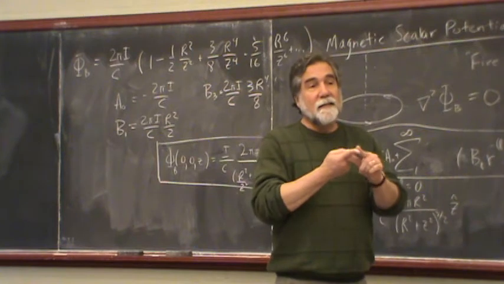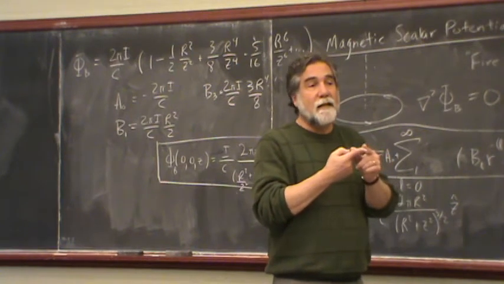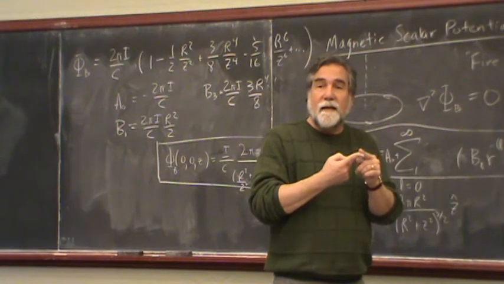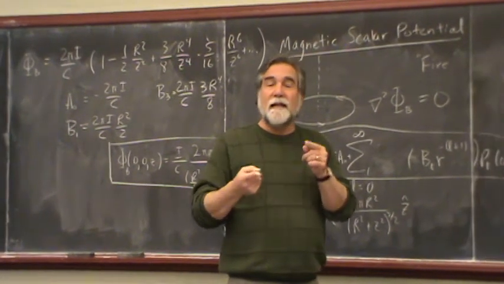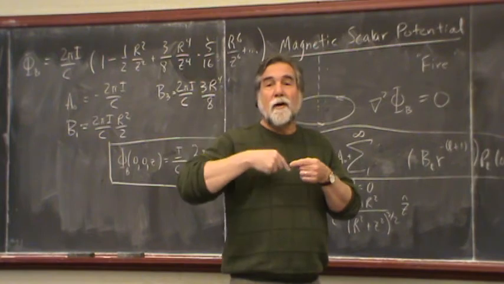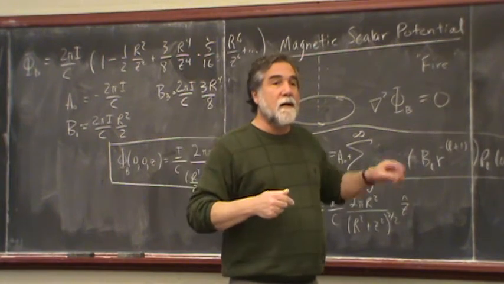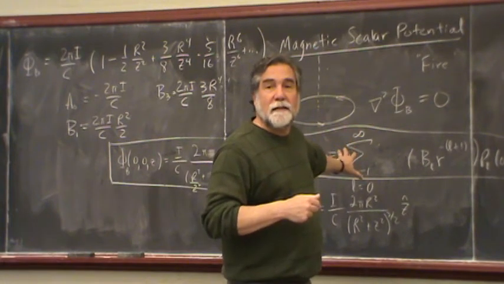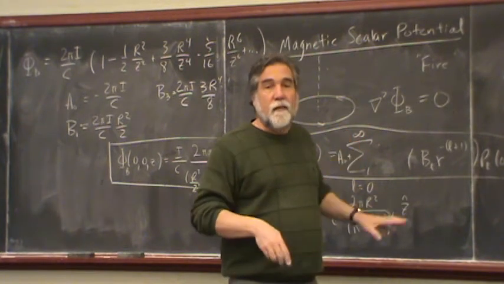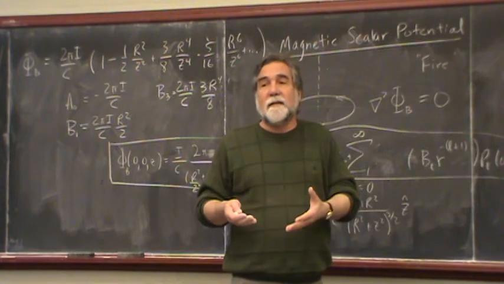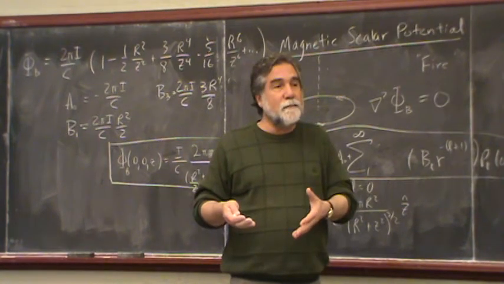For one thing, potential in itself, electric potential, has a real meaning. It's related to the electric potential energy. It's related to the energy to move a particle from here to there, right? The magnetic potential, this scalar potential here, doesn't have that kind of physical meaning. So we don't go seeking the potential just for the sake of finding the potential.